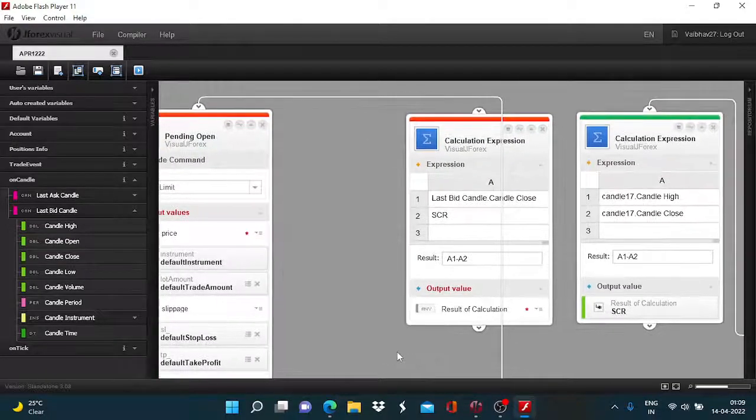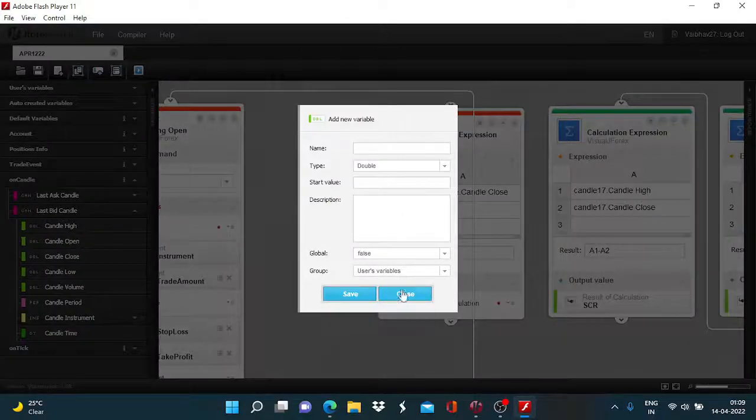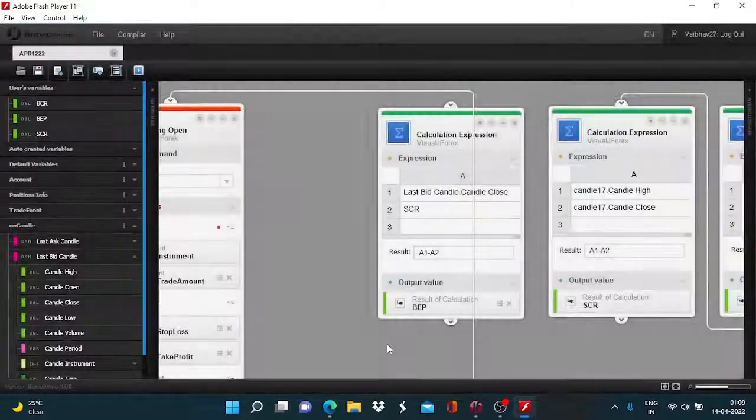Okay, so we get this as our buy entry point, BEP.